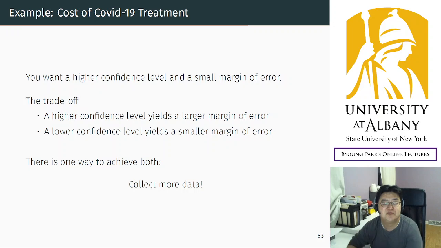That is possible. This is an important starting point of experiment design or survey design theory, a field in statistics. If you need a certain level of accuracy, then how much data do you have to collect?